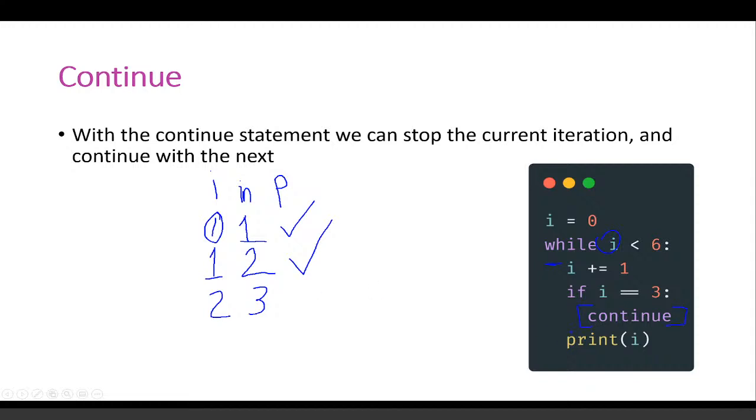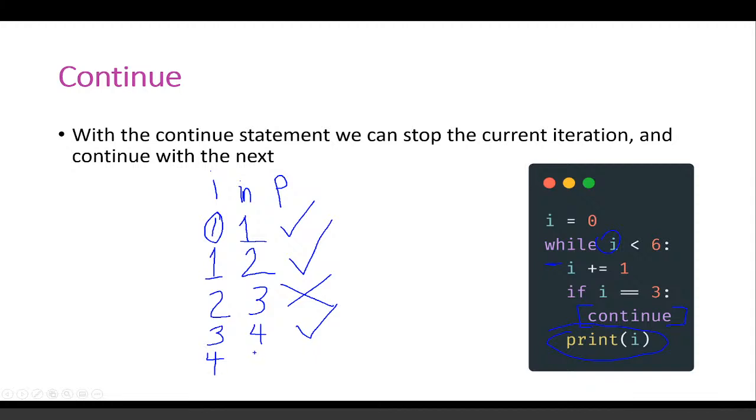Which means we're never going to get to this print statement in our third iteration. So 3 will not print. And it'll just jump right back up to the start of our next loop with the value of I is 3, which will then increment to 4, which will then print.